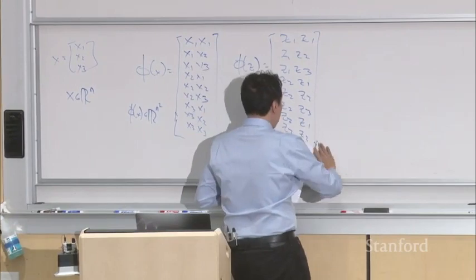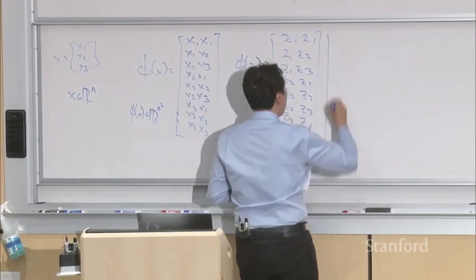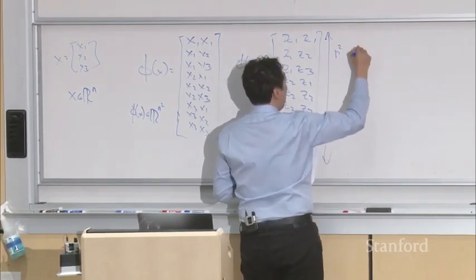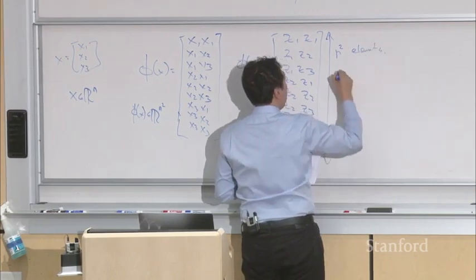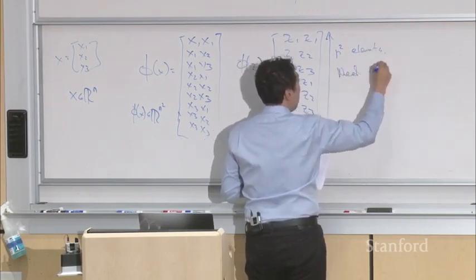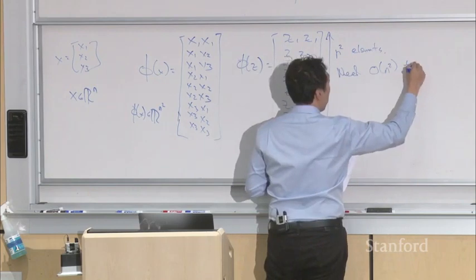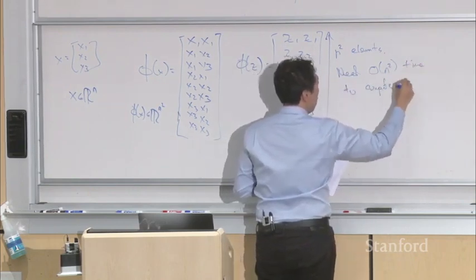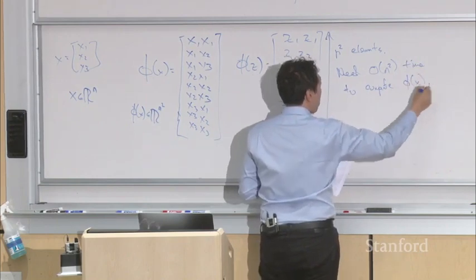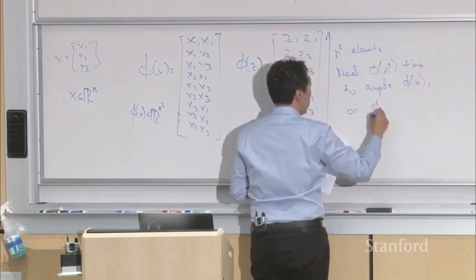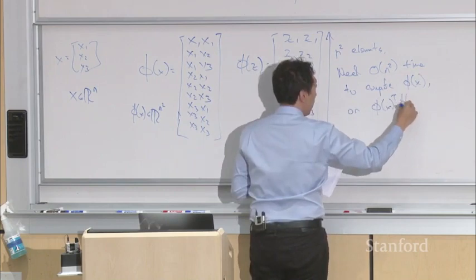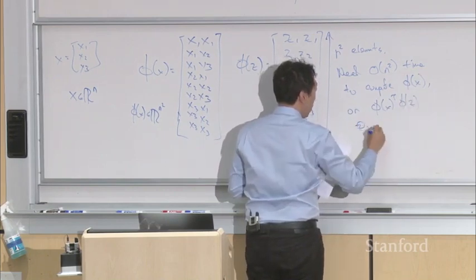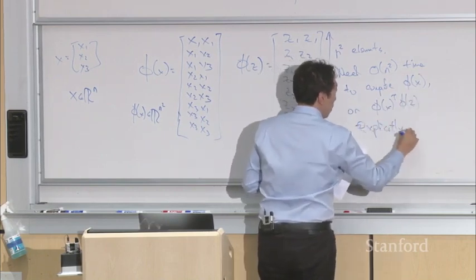So because there are n squared elements, right, you would need order n squared time to compute phi of x transpose phi of z explicitly, right?